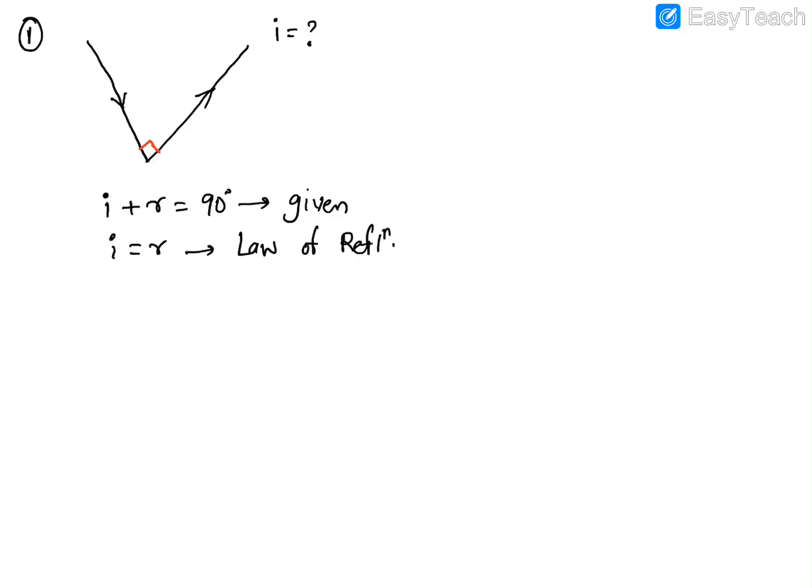Now I'll substitute R as I in equation number 1. Substituting R equal to I, 2I is equal to 90 degrees, and then I is equal to 45 degrees. Done. So that's the first problem.